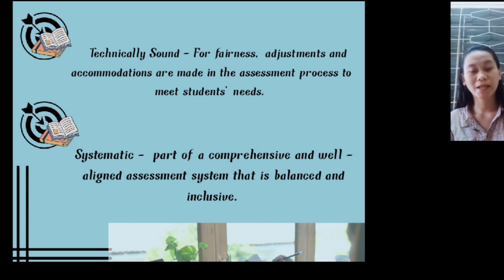Now, systematic assessment in the 21st century emphasizes a comprehensive, ongoing, and data-informed approach in evaluating student learning while considering individual differences and utilizing technology effectively. It also aims to promote meaningful learning, guide instructional decision making, and support the development of lifelong learners.